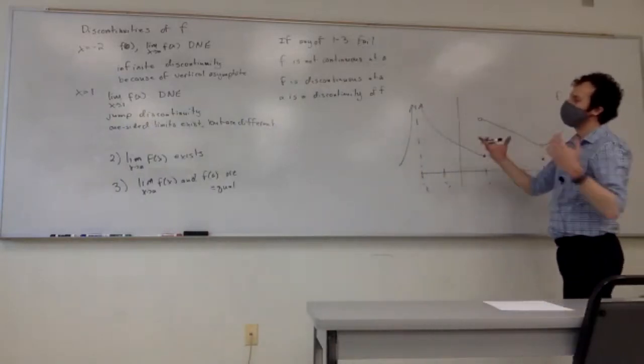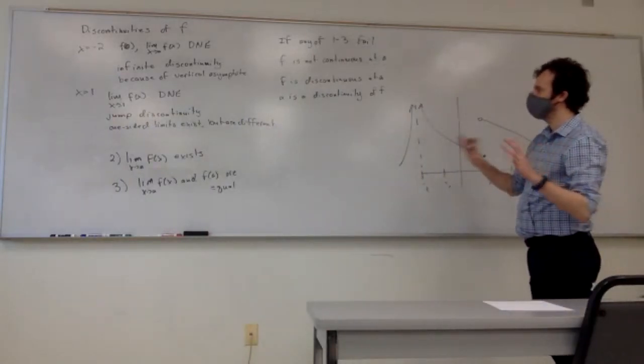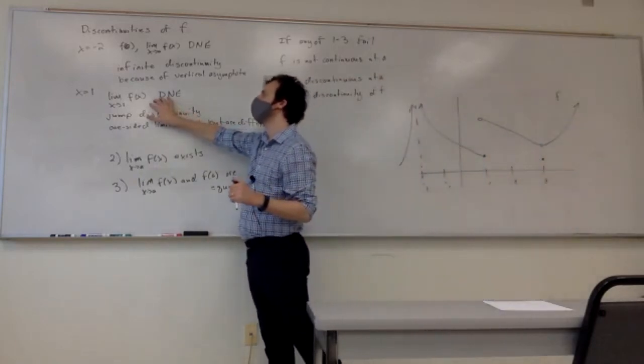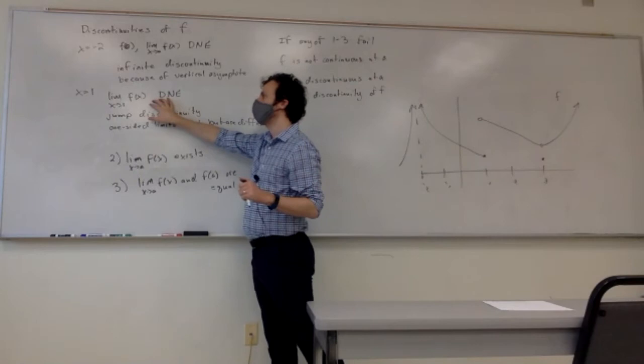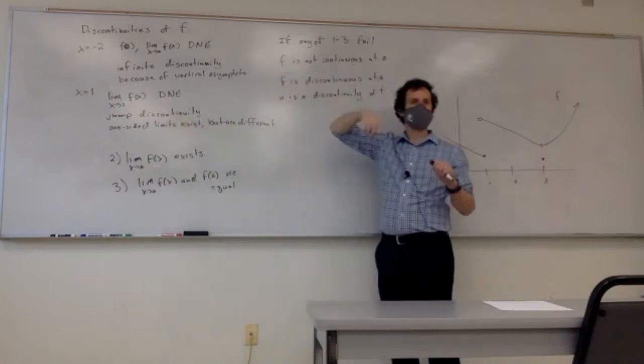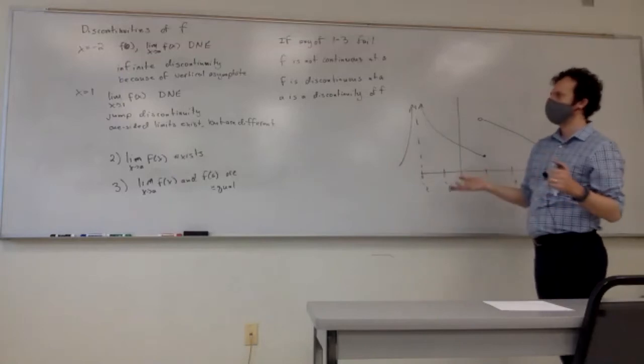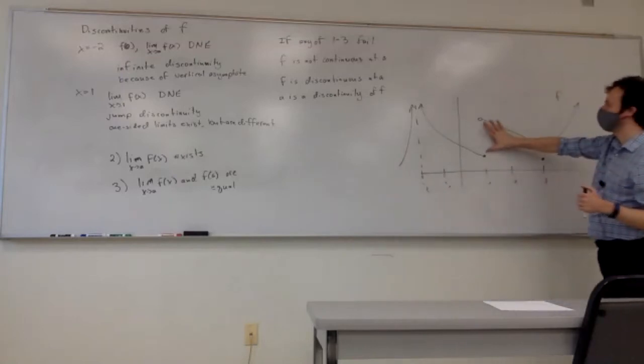I think it's good to explicitly point out what's making it a jump, because we've seen other ways where the limit doesn't exist. That would be something like that sine of 1 over x, the oscillating like crazy one. That's a case where the limit doesn't exist, but not because there's some jump.